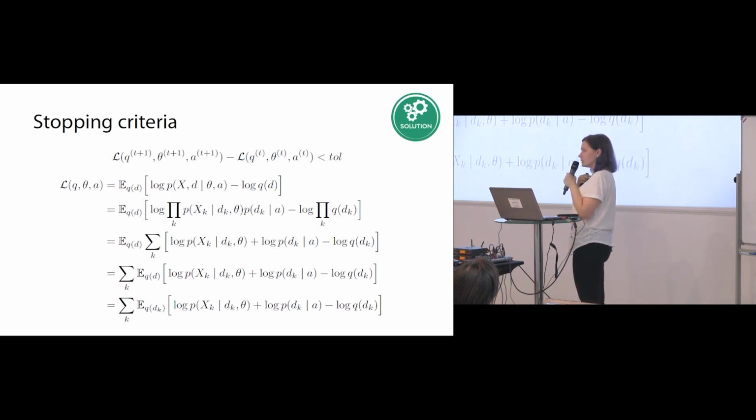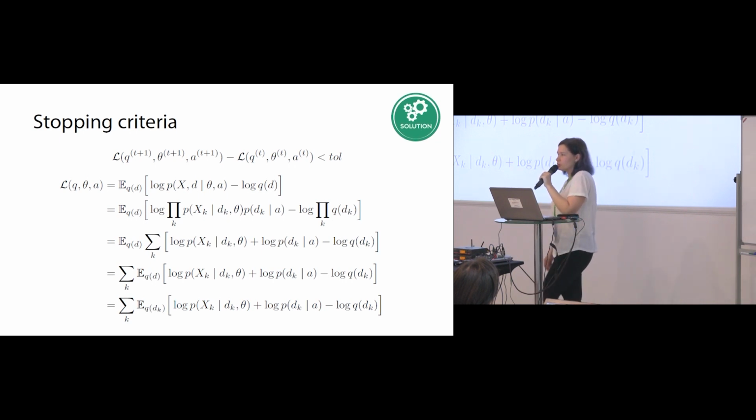The question was why shouldn't we just check the difference in parameters between the expectation step and the maximization step? Like the previous value of theta and the new value of theta, and compute the difference.